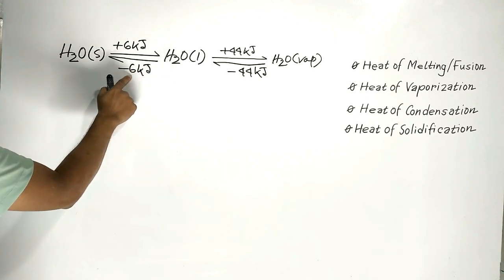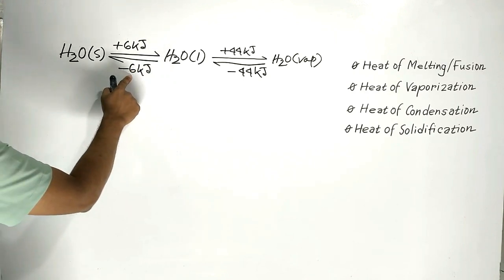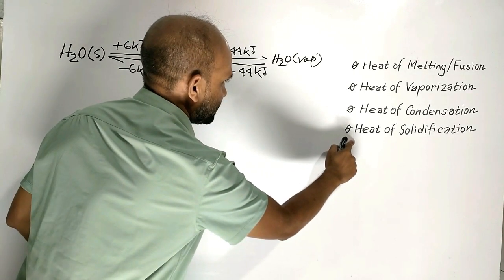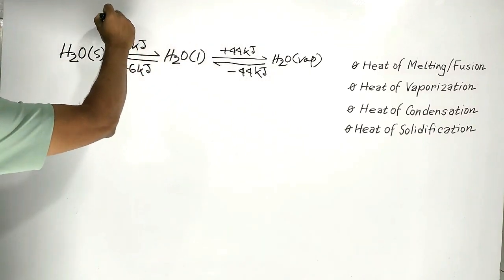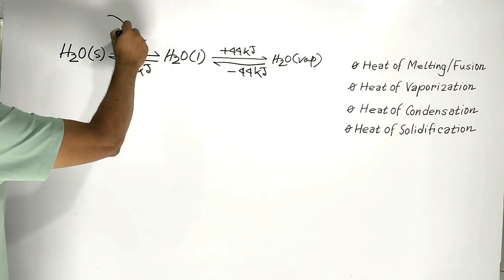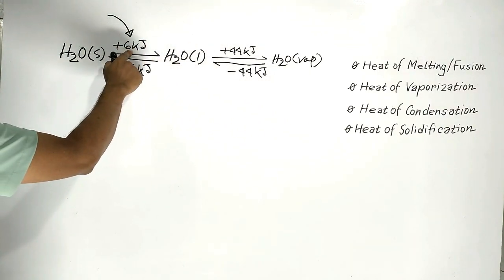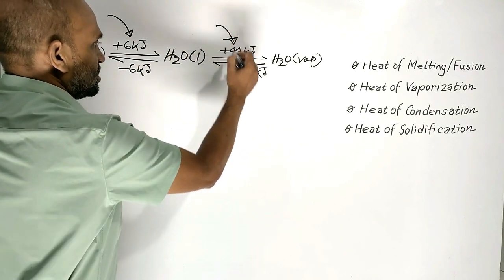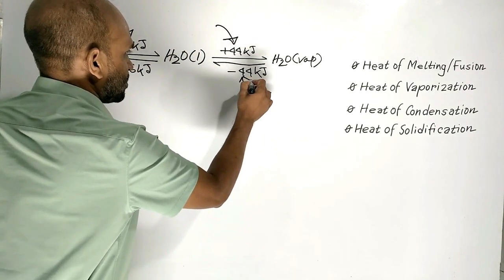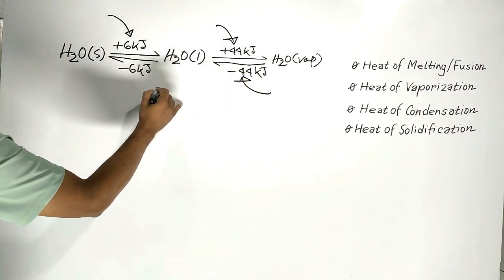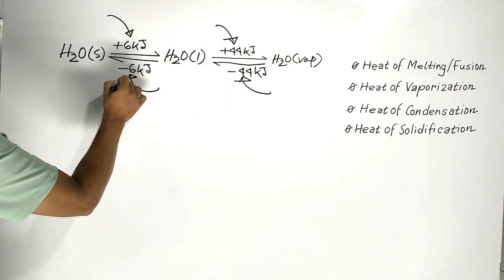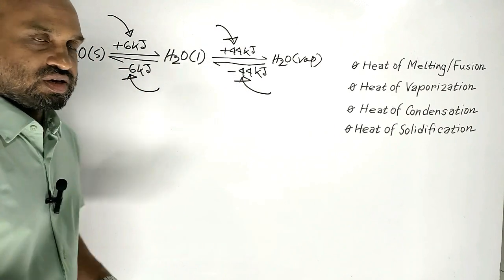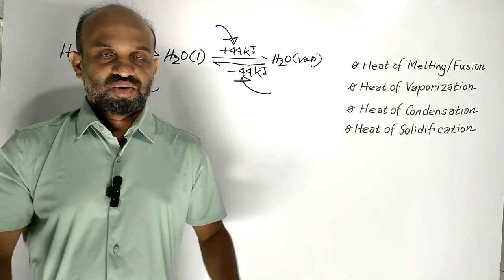Here, this 6 kilojoule heat is called heat of solidification. So, this is heat of melting or heat of fusion, heat of vaporization, heat of condensation, and heat of solidification. Enthalpy change or heat change.